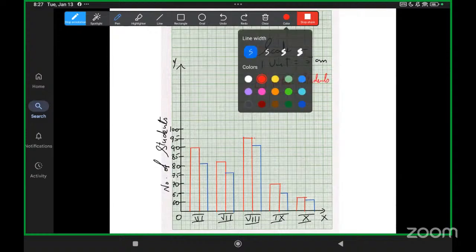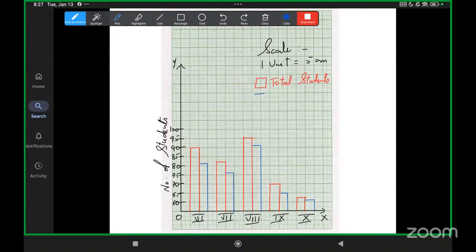Make a blue box and write students present. You don't have to do this with blue and red. Okay, I have done this like this to show you. You can do it with pencil. Okay, and you can shade one, like one of the types you can shade and one you can leave plain.